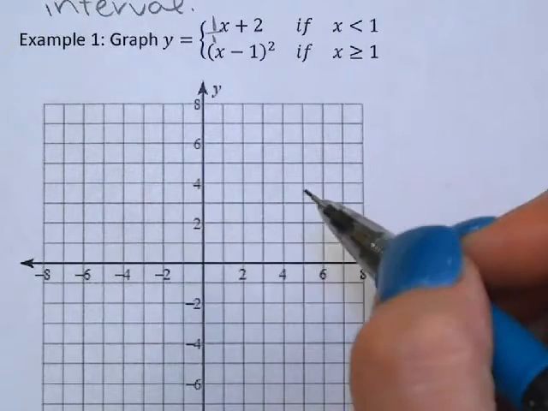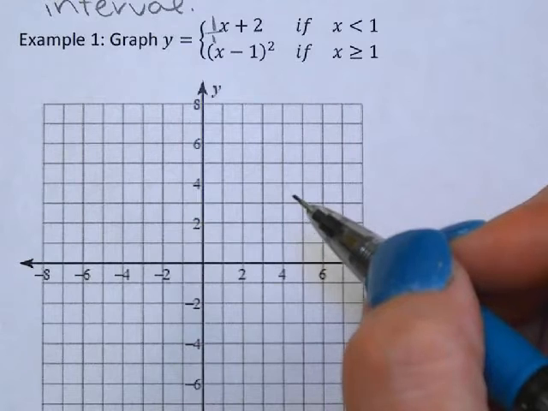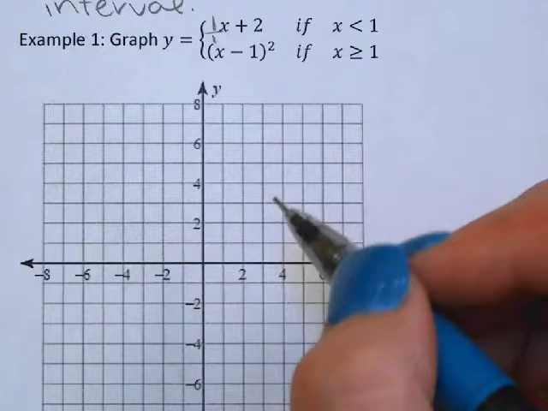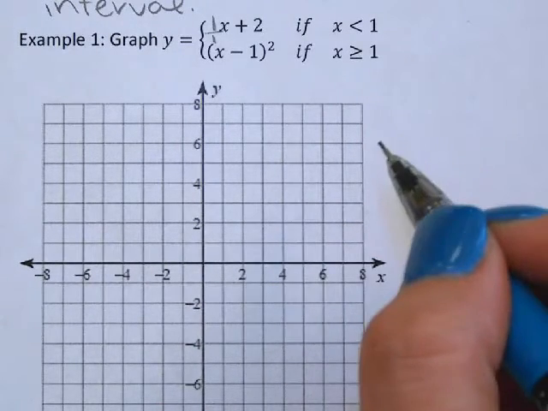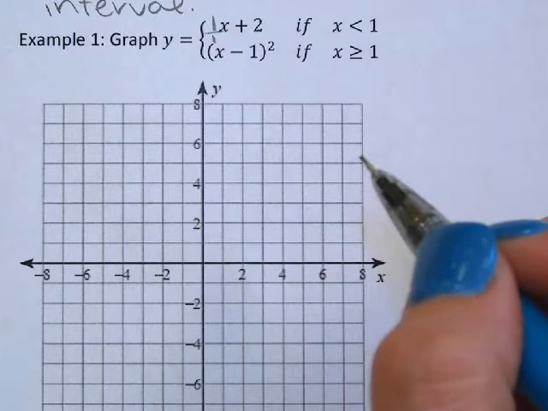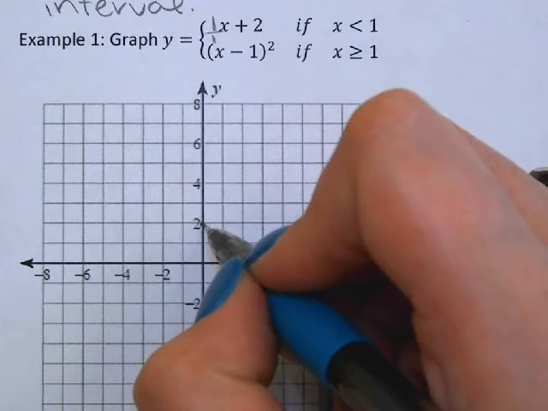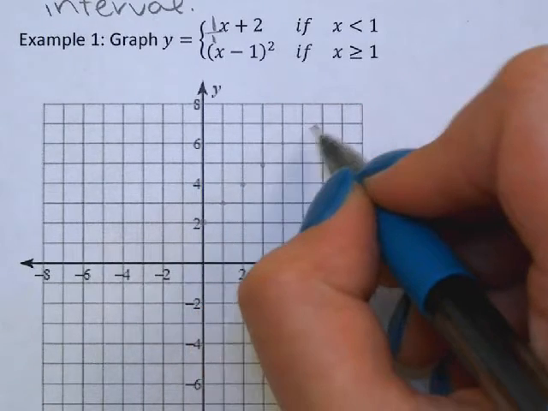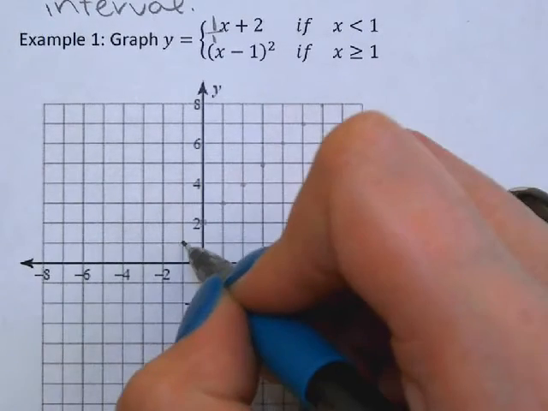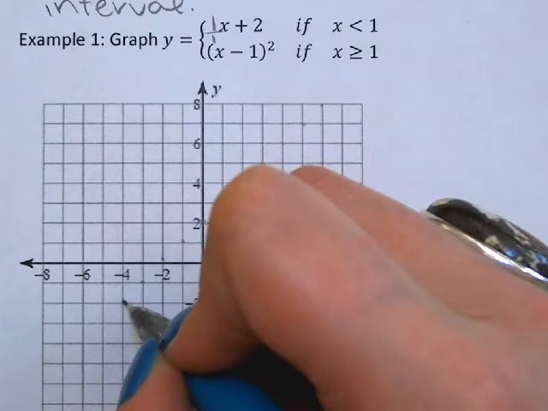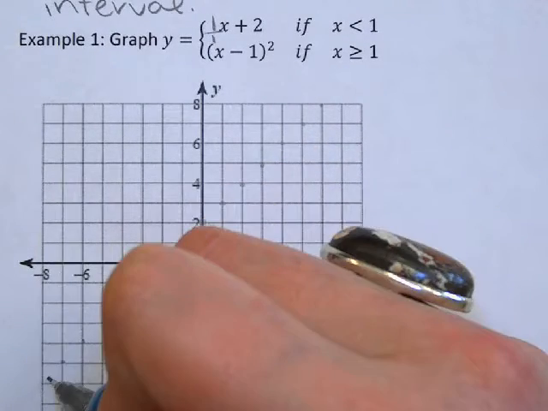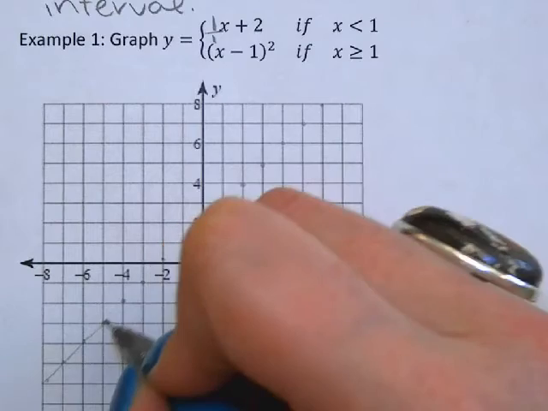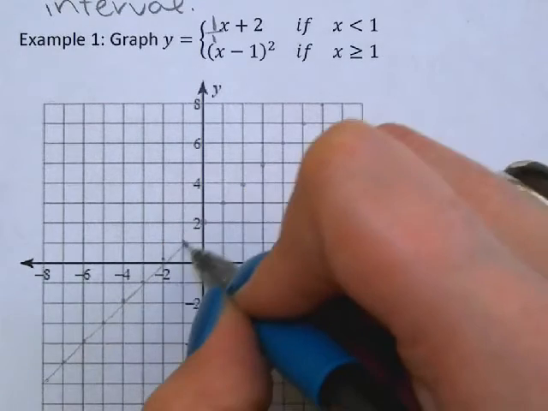So when you're graphing a piecewise function, it's very important that you do this with pencil because we're going to draw the whole graph, and then we're going to erase part of it, okay? So I'm going to start off with 2. I'm going to go up 1 over 1, up 1 over 1, up 1 over 1. And down 1 over 1, down 1 over 1, down 1 over 1. And then I'm going to go ahead and very lightly connect those points.